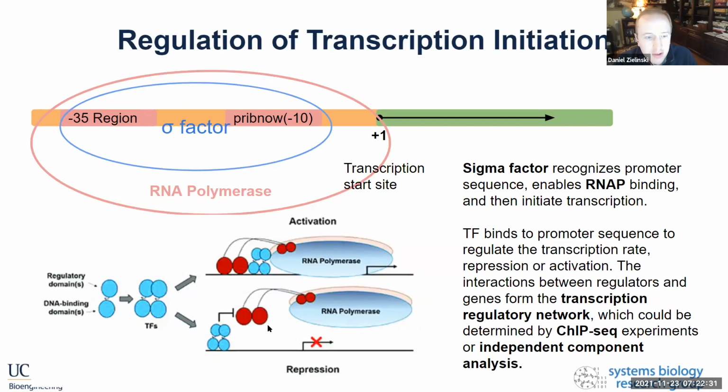And the result of that is the regulatory function of that promoter. Is it constitutively expressed? Does it require a transcription factor to be there? Does it require a transcription factor to not be there in order to initiate transcription? It really comes down to a combination of all these factors.